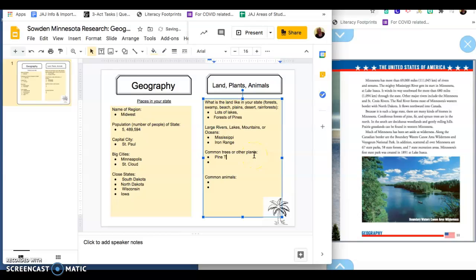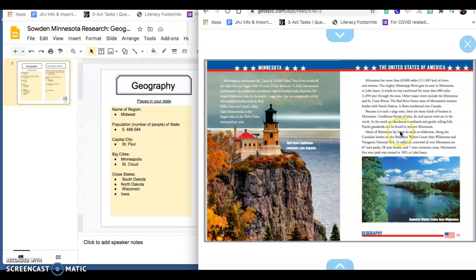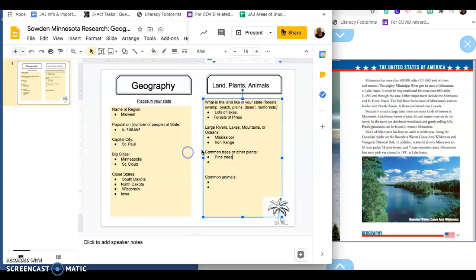Pine trees. And then some other plants. Let's see. Prairie grasslands. So grass. There's lots of grass.